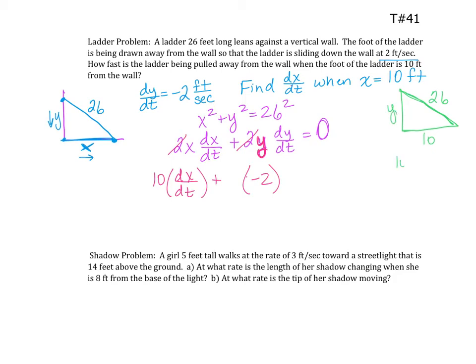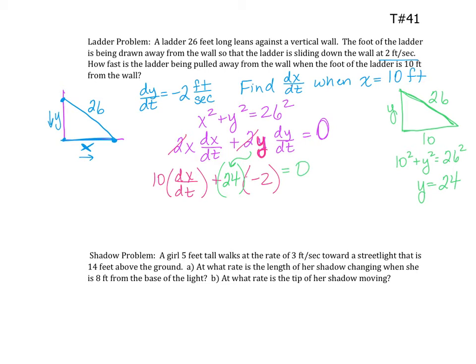Well, of course you could, because you could do 10 squared plus y squared is 26 squared. And that's a version of a special right triangle, those Pythagorean triples there. And so y is going to be 24. And that's what you fill in here for the y. They've given you enough information to get that.